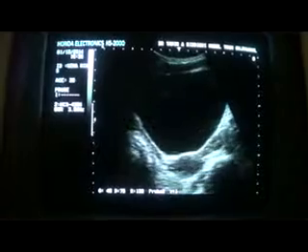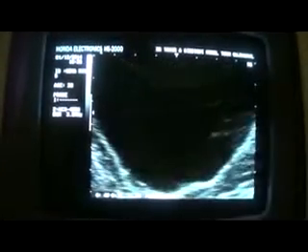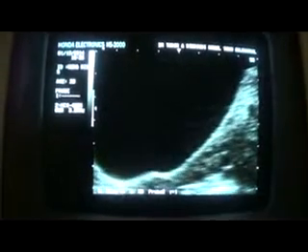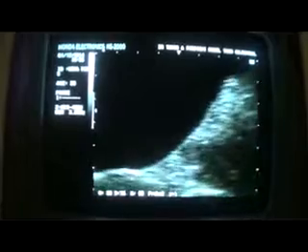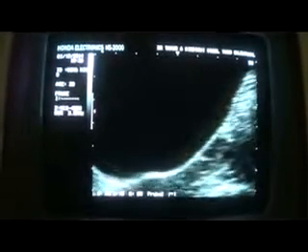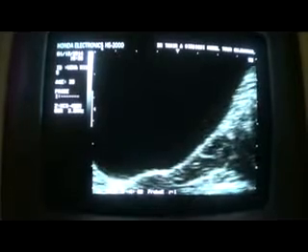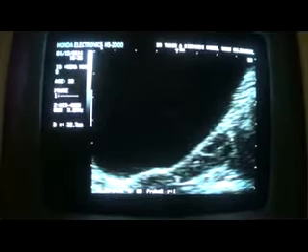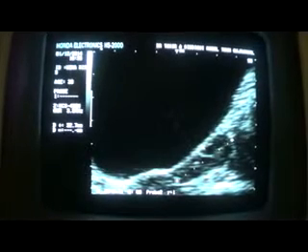First of all, let us see the left ovary now as it's in view. This is the left ovary, and again you can see follicles arranged all around the periphery of this left ovary.